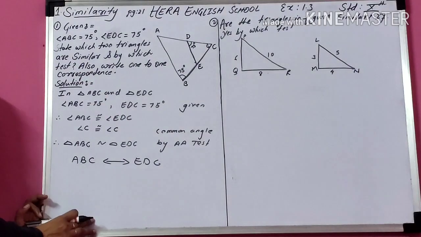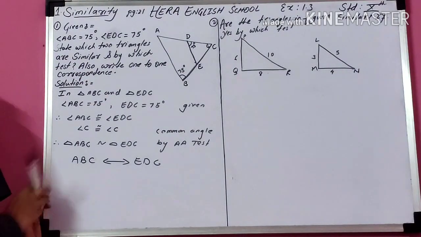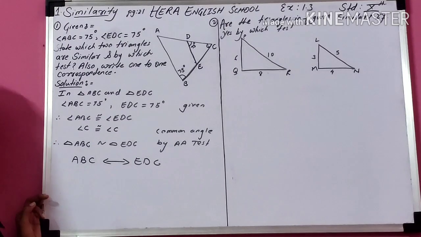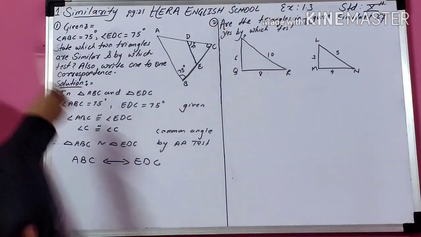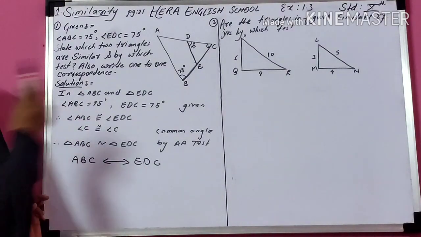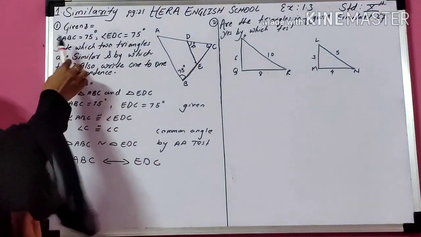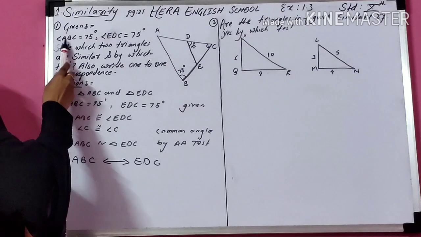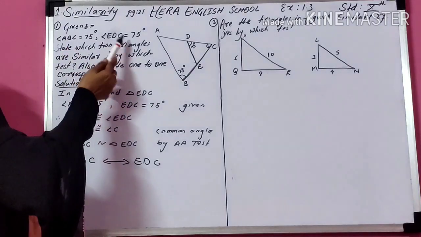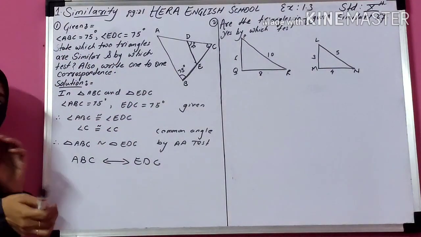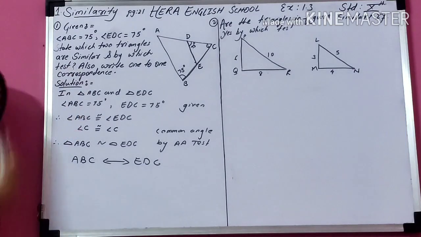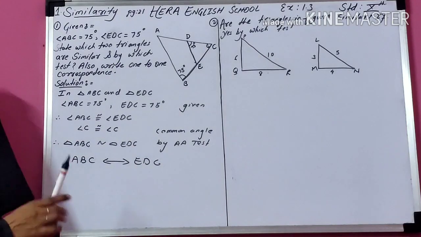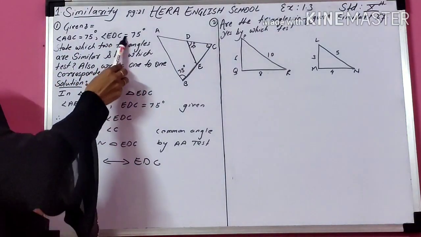So this is your first question. First of all, I observe the two triangles that you have to prove similar. So I pick up the two triangle names. I have observed the angle name is ABC. As I told you, the triangle name you have to find from the question in the form of angle or in the two-point type. From that you have to pick the triangle name. So the two triangles are ABC and EDC.